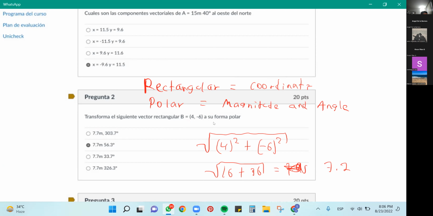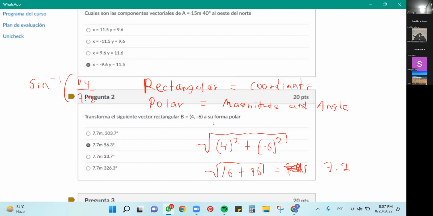And the angle, you remember? The angle will be the inverse sine. One way is with sine, using the inverse function, with the magnitude, and now we know that it's 7.2.